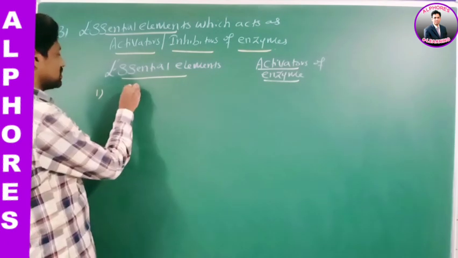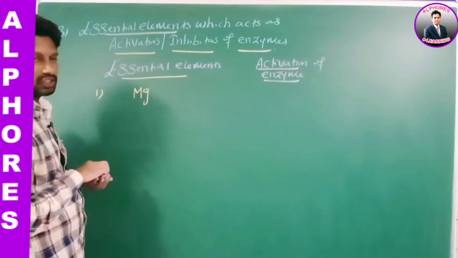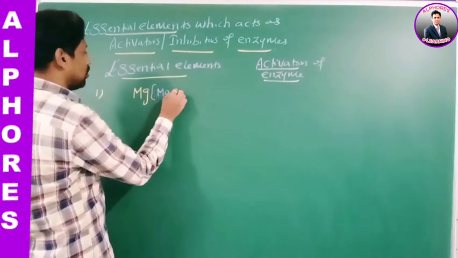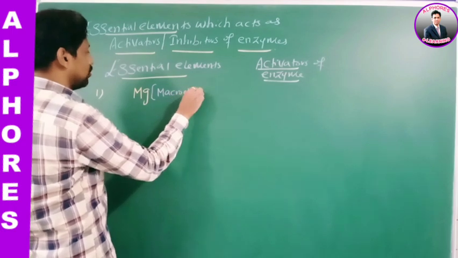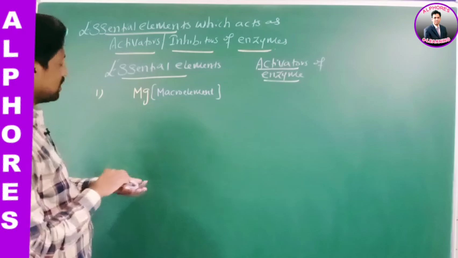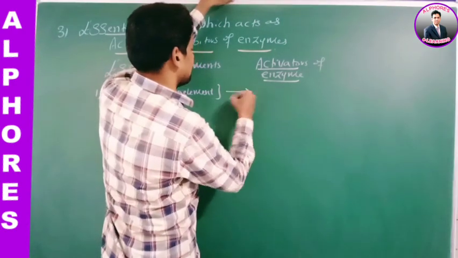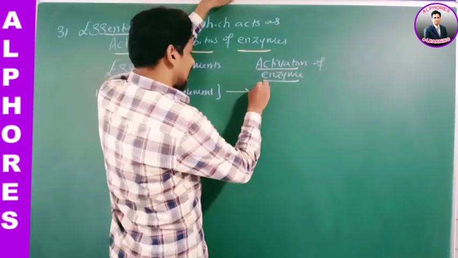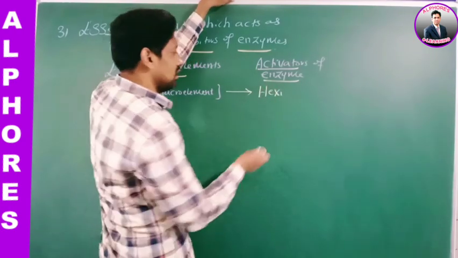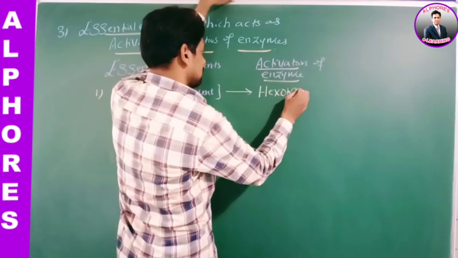Take magnesium. Magnesium is a macro element. Yes or no? Right? This magnesium acts as an activator of which enzymes? Magnesium acts as an activator of number one, the hexokinase enzyme.